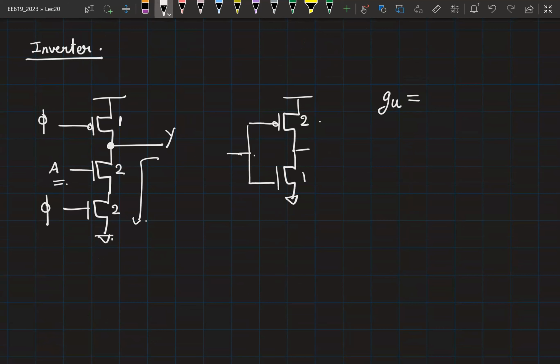Okay. Now calculate GD for me. So GU is irrelevant. GD is basically the input capacitance associated with A, CA, divided by the total input capacitance of the reference CMOS inverter. How much do you get?